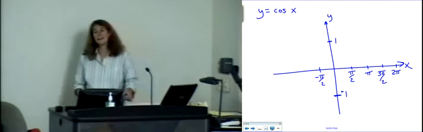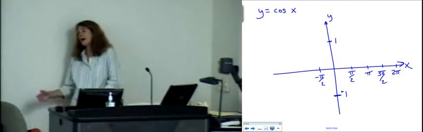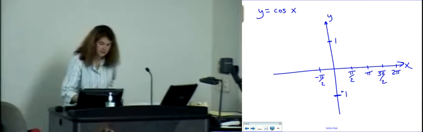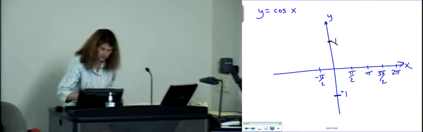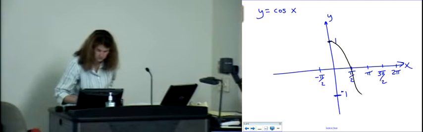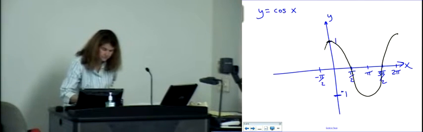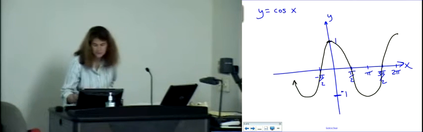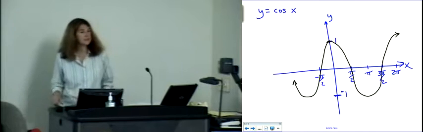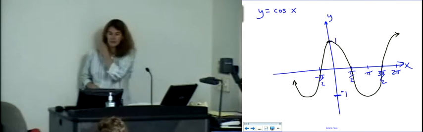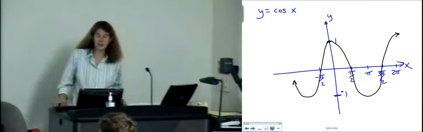Cosine graph, where do I start it? What does it go through on the y-axis? Yeah, up at 1. So we've got something like this going on now. It's the same shape as the sine graph, but it's just shifted over. It's been shifted over pi halves units. So it's going to be that same overall shape.